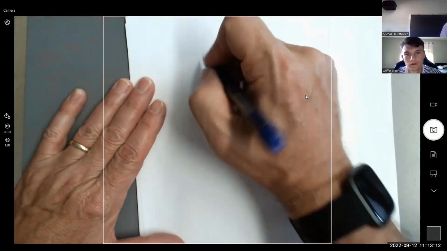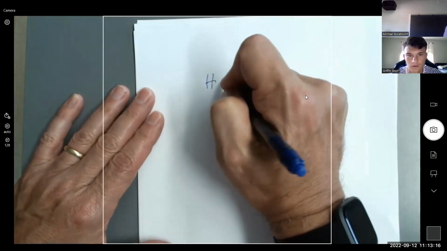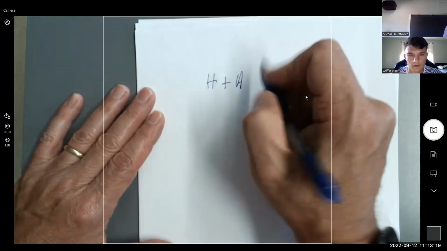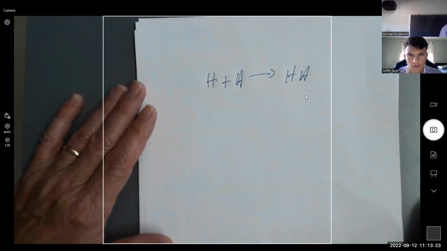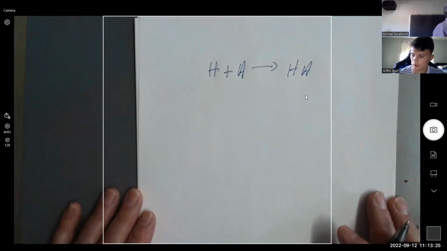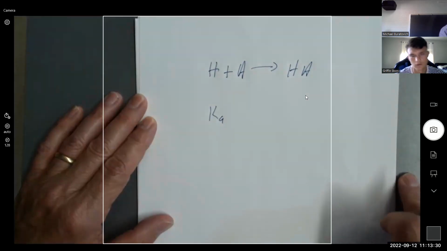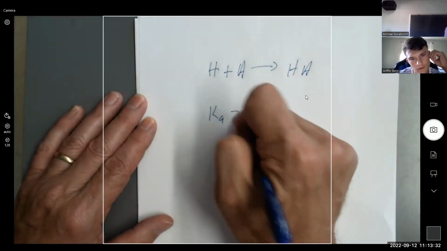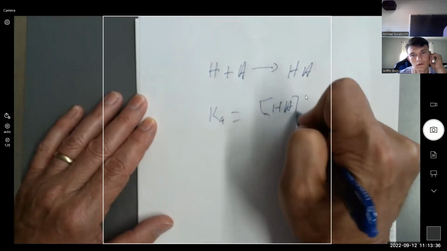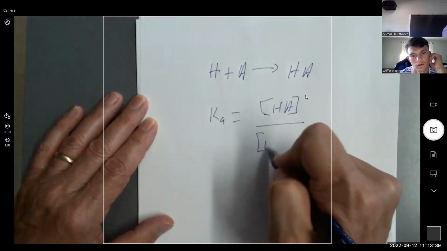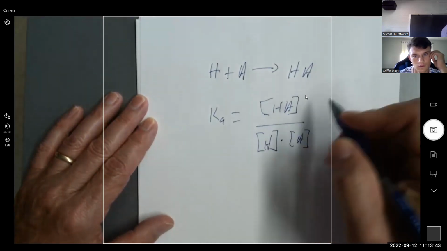So if you have a reaction, let's say this reaction goes something like this. You have A plus A and it goes to, let's say, HA. So in chemistry, you have this thing called the equilibrium constant of that reaction, and that equals the concentration of the products divided by the product of the concentration of the reactants.